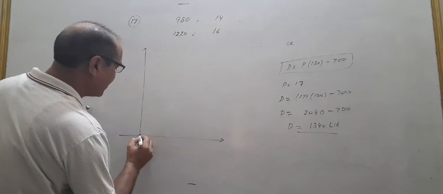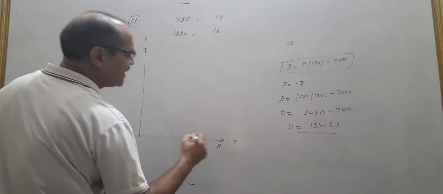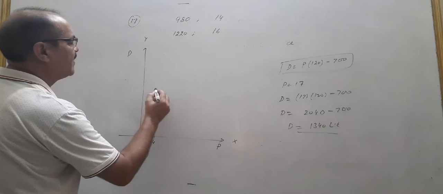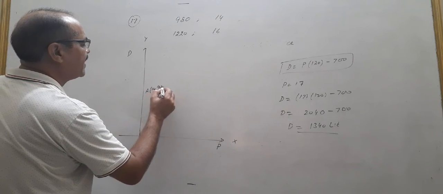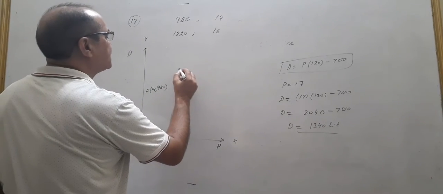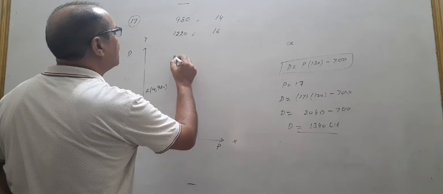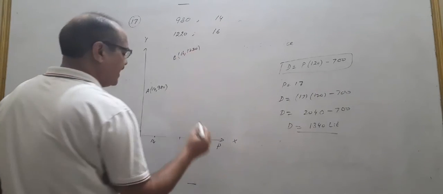Let us consider this is the demand on the y-axis and P is the price on the x-axis. When the price is 14, the demand is 980, so I take the coordinates of a point A: 14 and 980. When the price is 16, the demand is 1220, so I take a second point B with coordinates 16 and 1220.